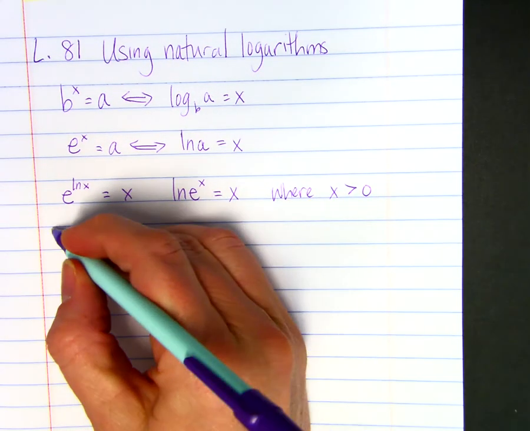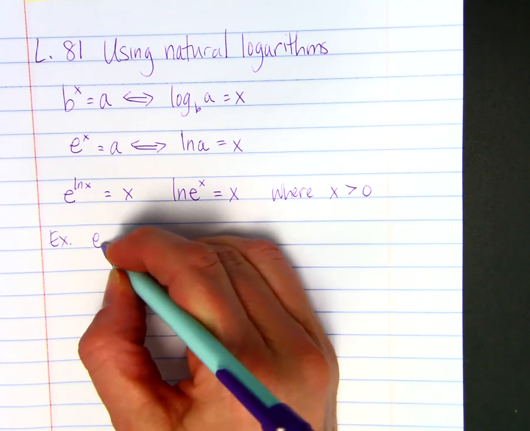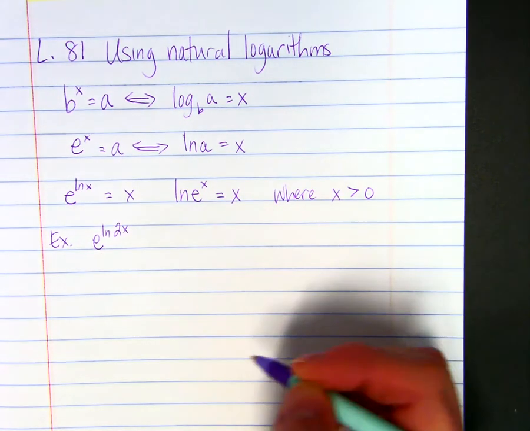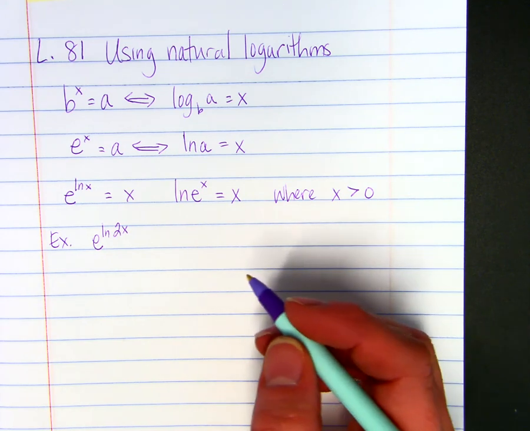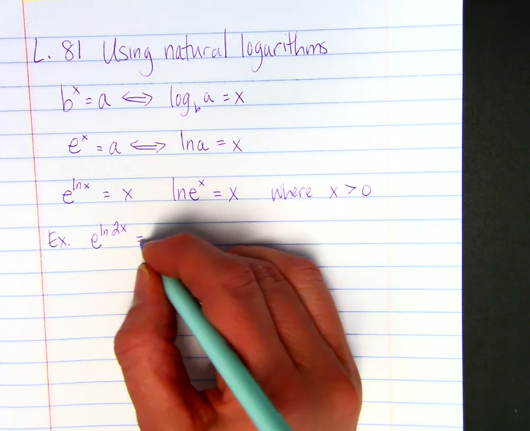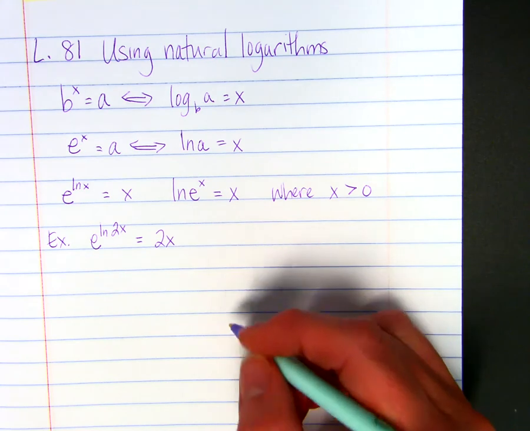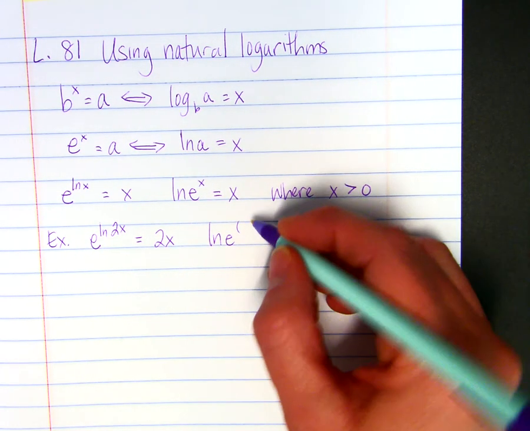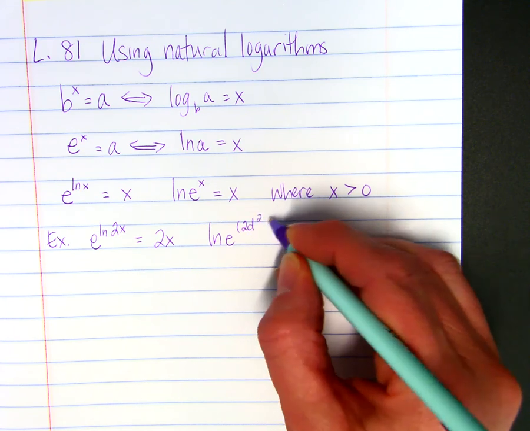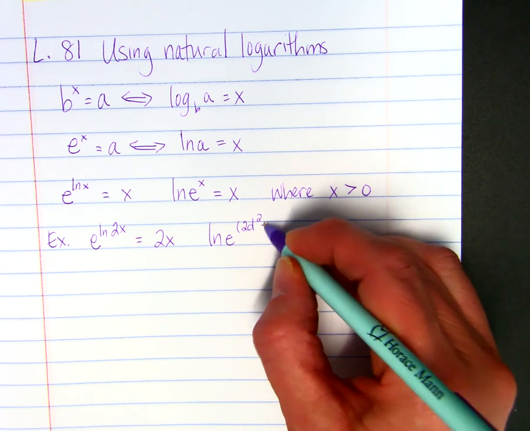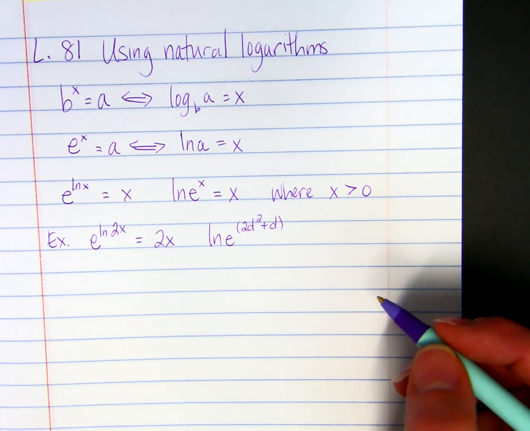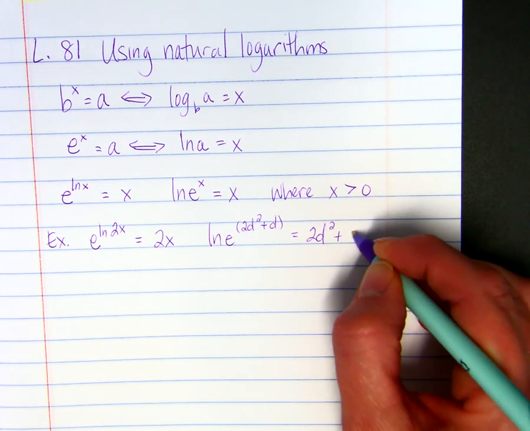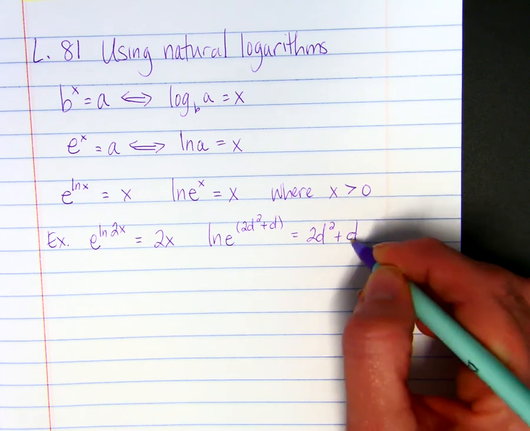So, for example, if we had e to the natural log of 2x, that's just going to equal 2x. If we have the natural log of e raised to the 2d squared plus d, that just equals 2d squared plus d.